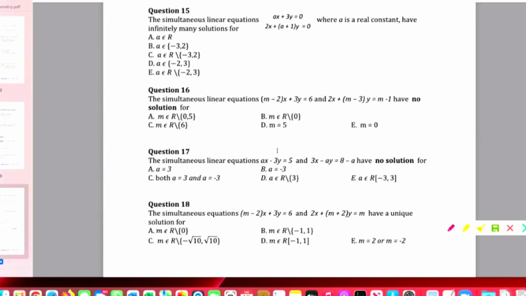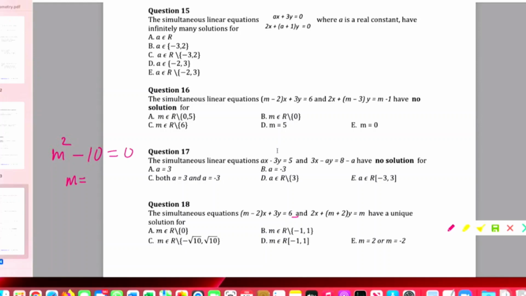So now here, if you do that, you get m squared minus 4. Here you get 6. So this is going to be minus 4 here, minus 6, minus 10. So am I right? m squared minus 4 minus 6, so minus 10 is equal to 0.